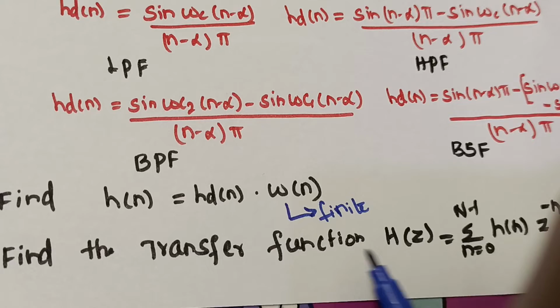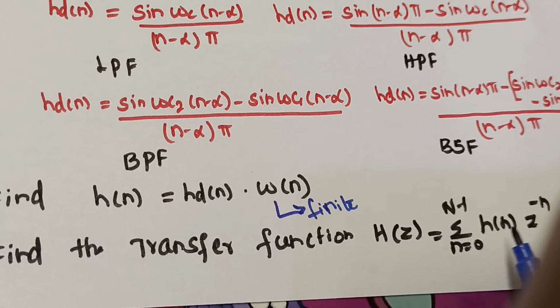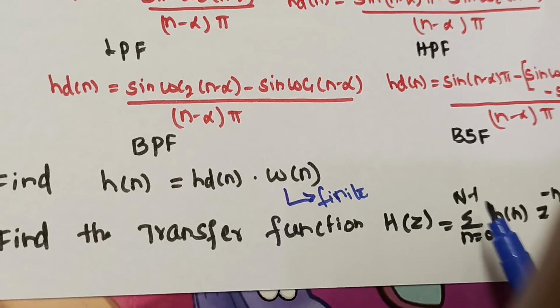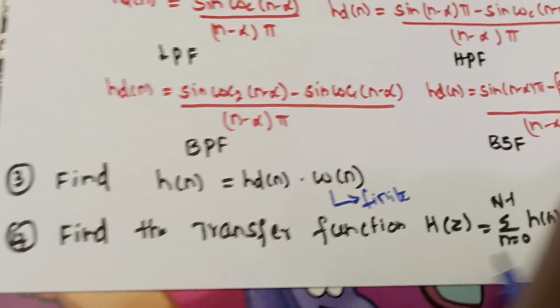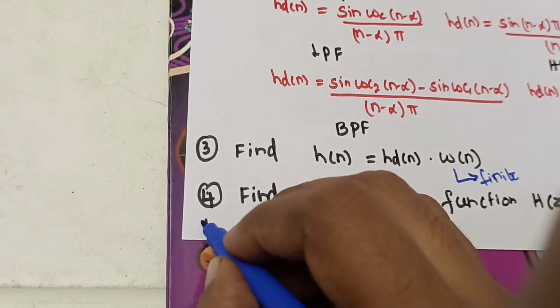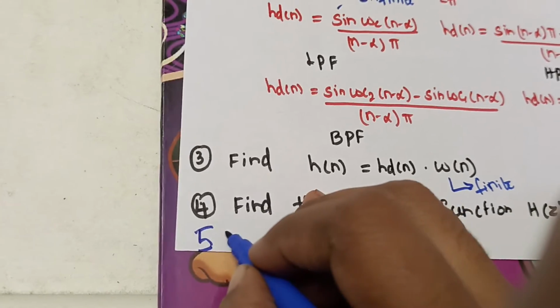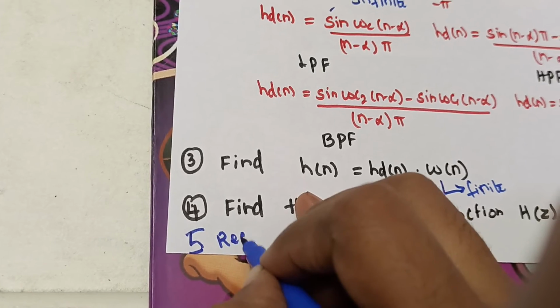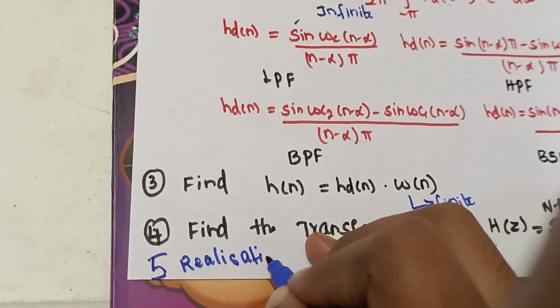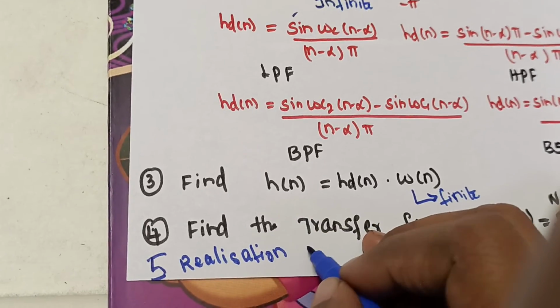Here we are finding the transfer function, and this gives us the filter coefficients from h of 0 to h of n minus 1. After obtaining this equation, the fifth step is realization of this h of z using any of the structures.